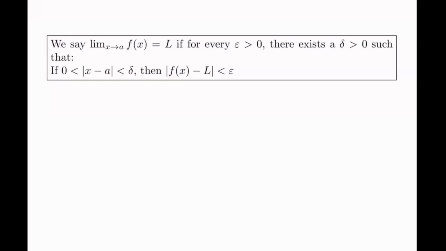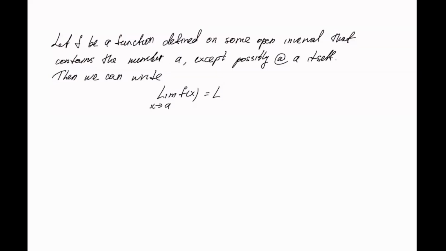So let me show you that with a graph. Let f be a function defined on some open interval that contains the number a, except possibly at a itself. Then we can write the limit of f of x as x goes to a equals L. Keep in mind that a function doesn't need to be defined at a.